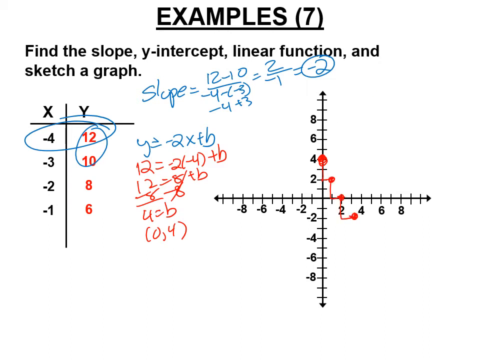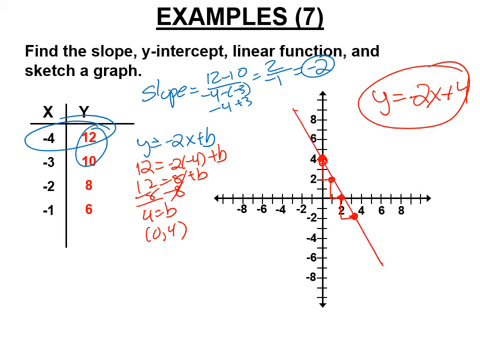The function we just are going to draw is y equals negative 2x plus 4. The line looks like this with a slope of negative 2 and a y-intercept of 0, 4. And please understand that that linear function will make any combination here, right?